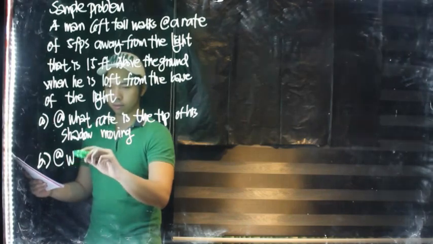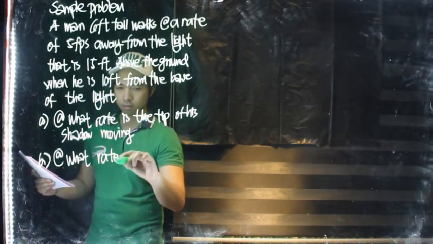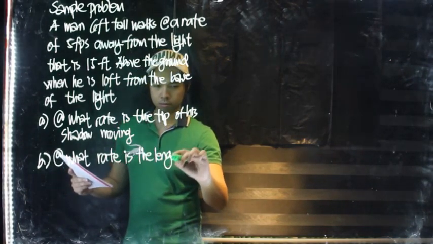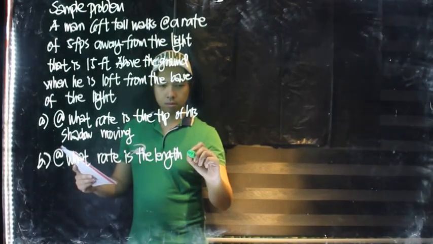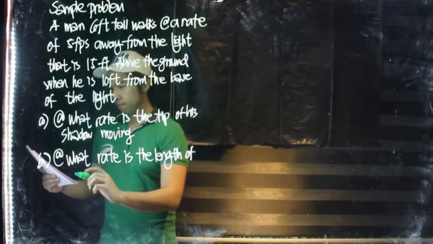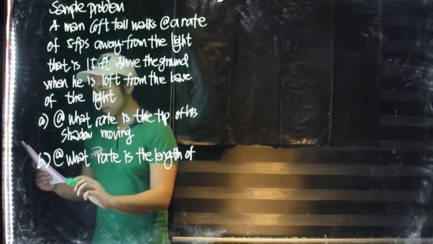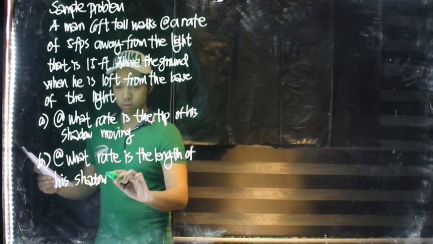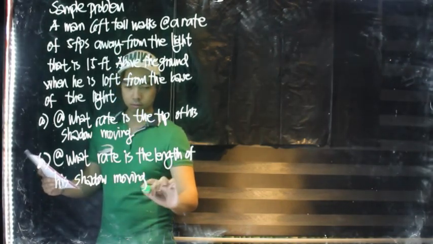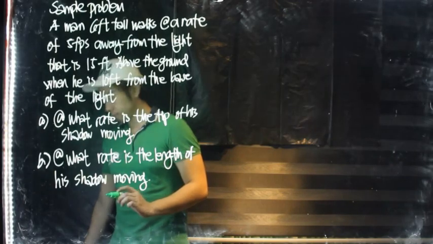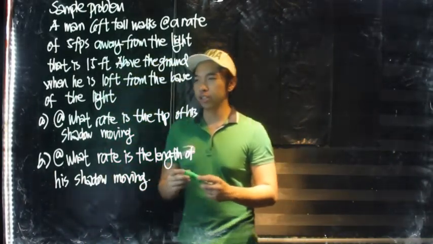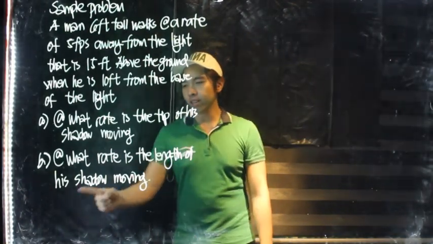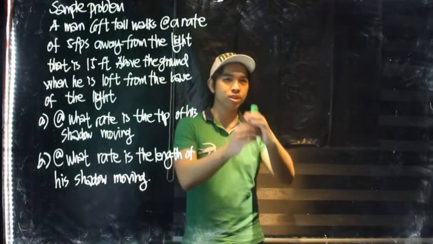At what rate is the length of the shadow moving? So we have here two conditions. So the tip of the shadow moving, meaning to say the tip is moving. And the second condition is how fast is the shadow moving towards the light.